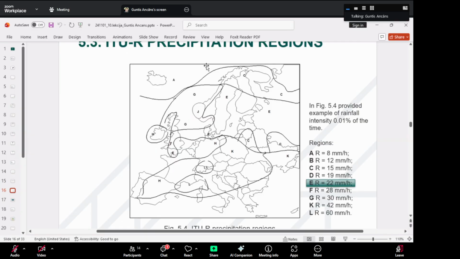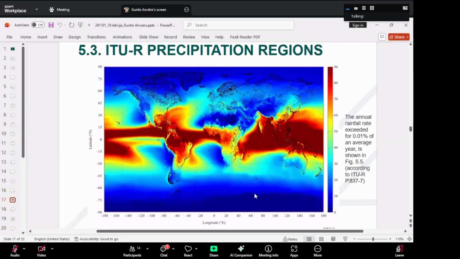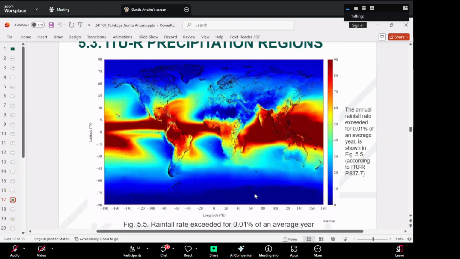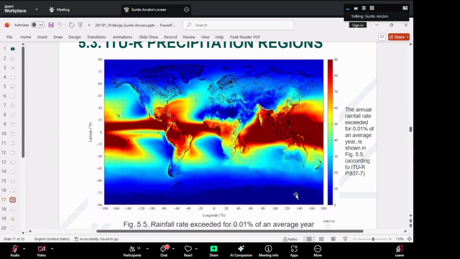If we go from north to south here, we see the precipitation values increase, and this complies with this figure.